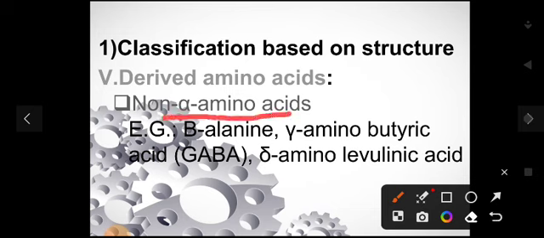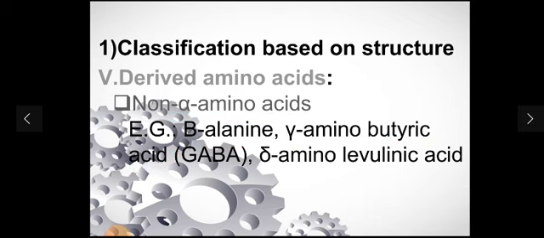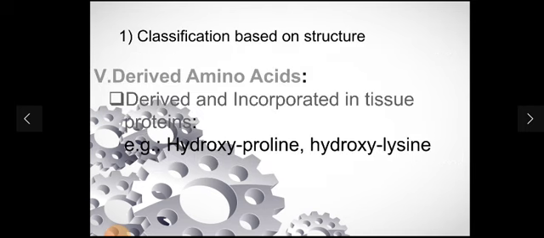So they are non-alpha amino acids, something like beta alanine, something like gamma aminobutyric acid, which we call GABA. And then we have delta aminolevulinic acid. All of them, their amino group and their carboxylic group are not on the alpha carbon, so we say that they are non-alpha amino acids.